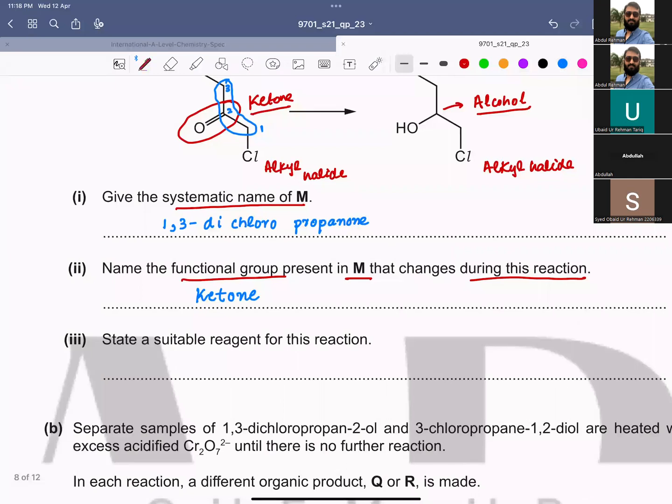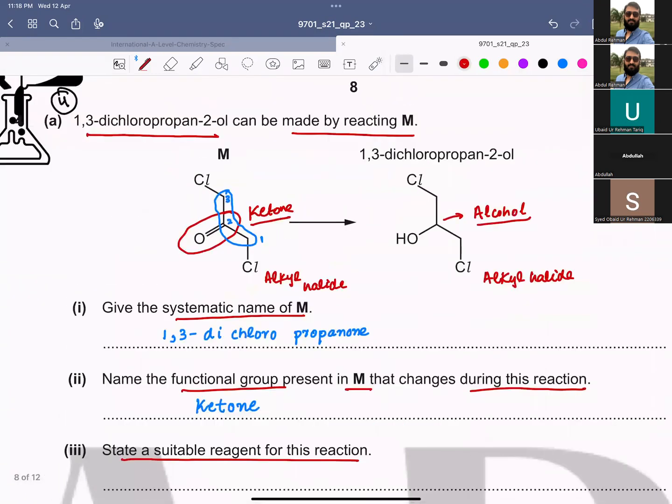Now in the next part, they are asking you to state a suitable reagent for this reaction. If you try to figure it out, you will find that a ketone is converting into an alcohol, which means it is a reduction reaction. And in this reduction, we can either use NaBH4 as a reducing agent, or we can use LiAlH4 in dry ether.